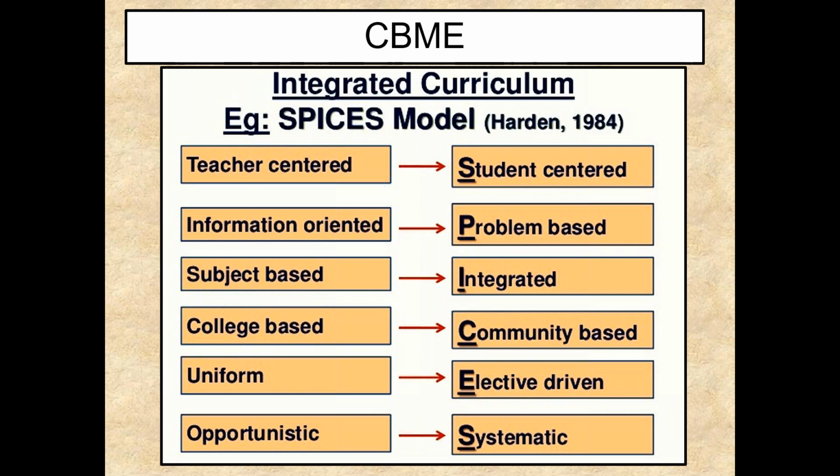There are newer methods of self-directed learning and collaborative learning. It is a learner-centric approach, and formative assessment is an integral part of the CBME curriculum. We should always keep in mind how we are going to assess the student for this skill or knowledge. Keeping that in mind, you have to frame your teaching learning method.